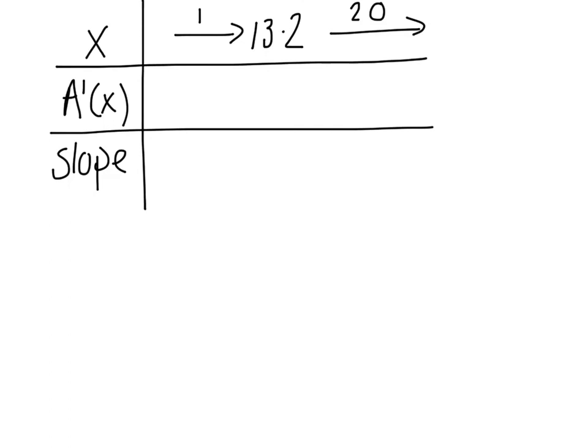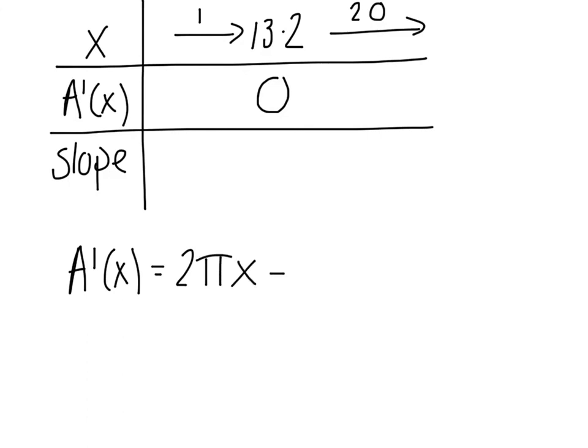Now the derivative at the stationary point will be 0, so we can fill that in before we begin. And in order to find the slope before and after, we need to substitute 1 and 20 into the derived formula, which was A'(x) = 2πx minus 14,400 over x². The presence of the x² on the bottom is the reason why we don't want to make x 0.